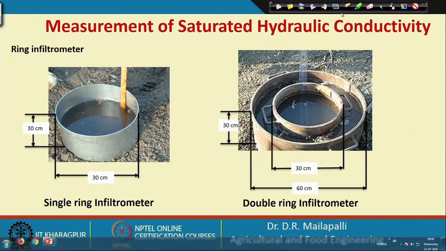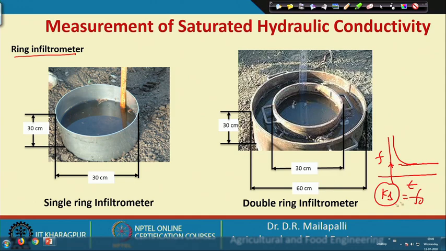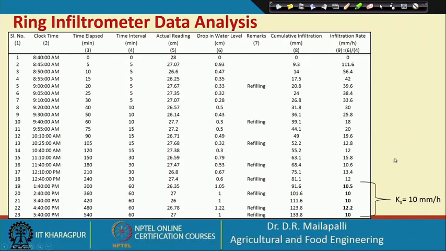And there is another method, the ring infiltrometer method. In the ring infiltrometer, at a particular time you find the velocity, the infiltration rate. That curve goes like this. The last part, which is constant, is called the basic infiltration rate. Generally we take it as K s. So, K s is equal to F naught. So, this is another method.